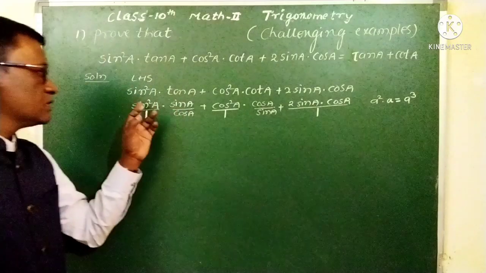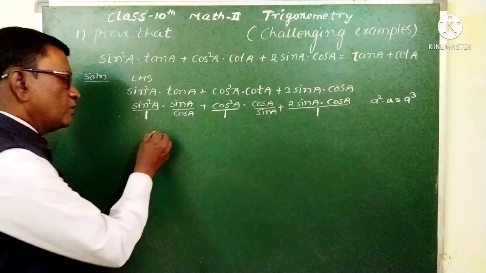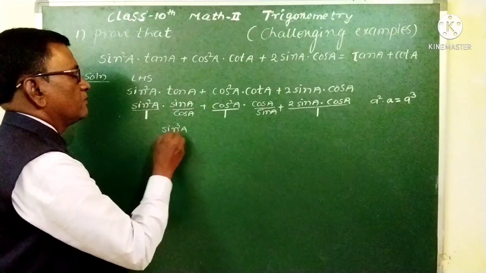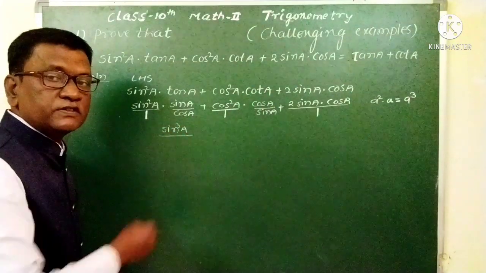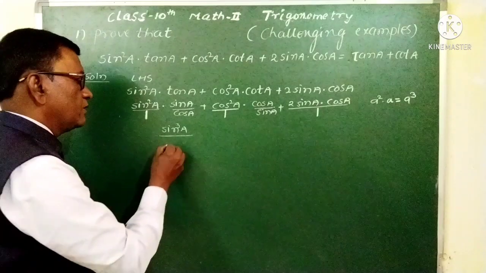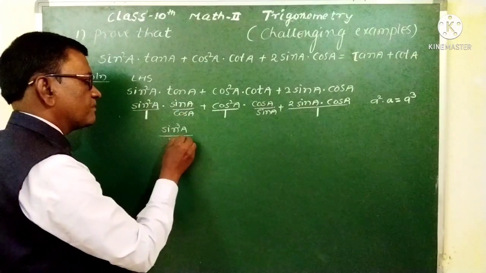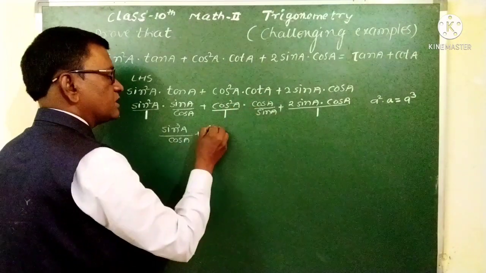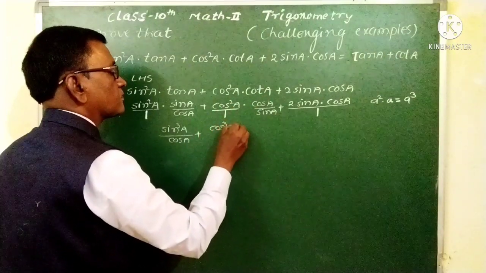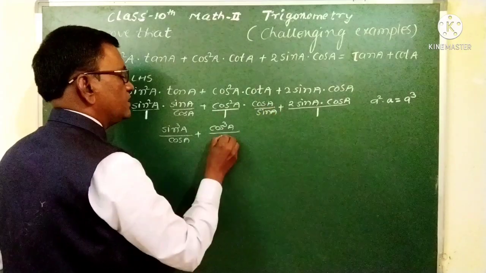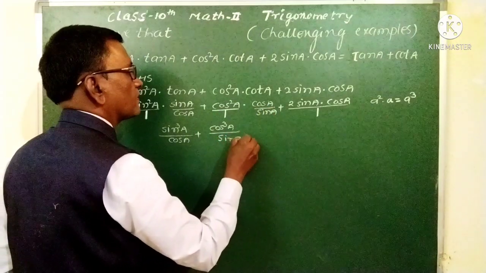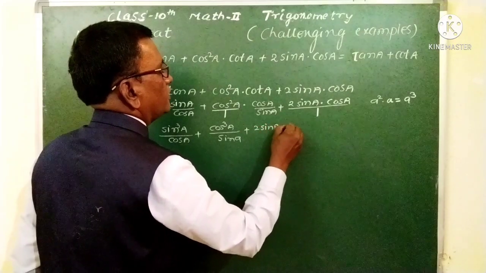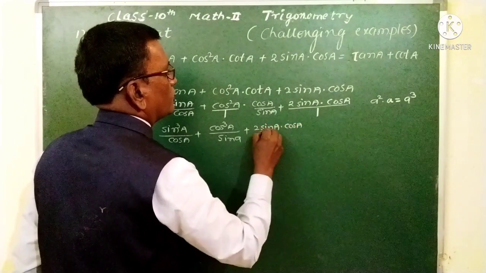So, sin square A into sin A, we can write it as sin cube A, because we know that A square into A is equal to A cube. 1 into cos A is cos A. Same way, cos square A into cos A is cos cube A. 1 into sin A is sin A. Plus 2 sin A into cos A upon 1.